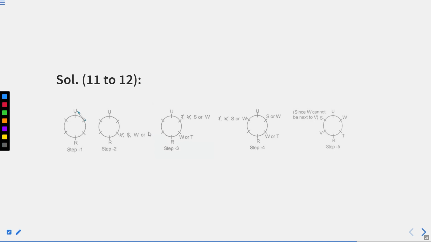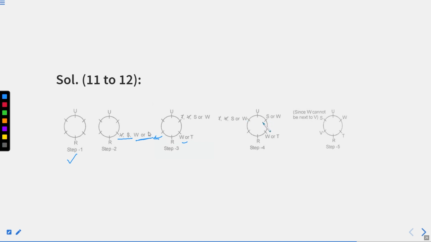The first step is U and R are opposite to each other. I hope this part is clear. Now in step 2 we know that V and S cannot be placed here. Also W and T, they cannot be placed here. So W and T cannot be placed here in step 3, not even here. So with the help of the fourth step we are able to understand that W can be placed here. It cannot be placed here and here, so it will be placed either here or here.